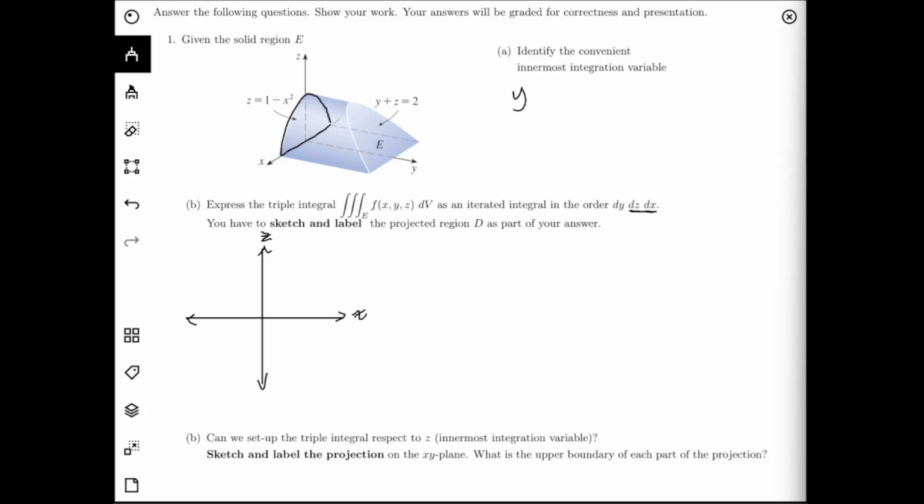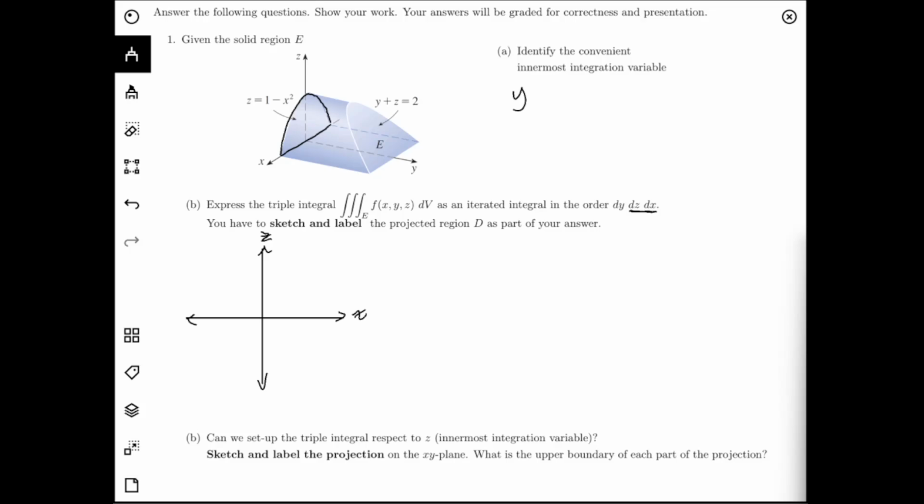Okay, well, let's go ahead and draw that. So where does it intersect? Where does this parabola, is what it looks like, intersect the z-axis? Well, if we solve for x equals 0 in this equation, then what do we get for z?